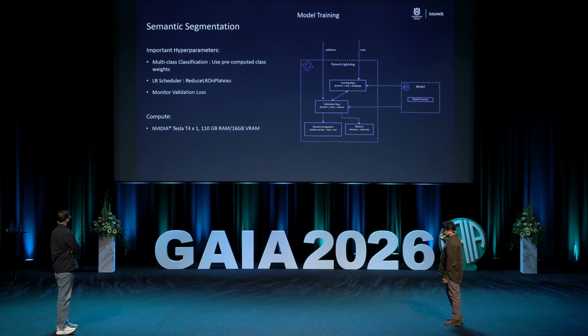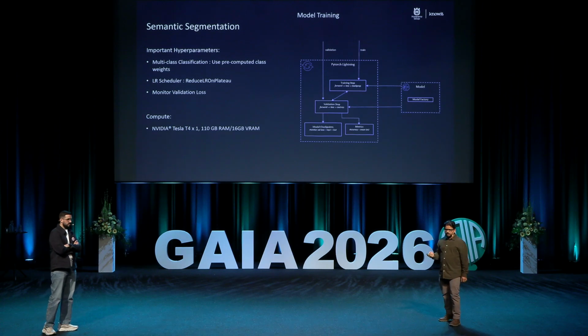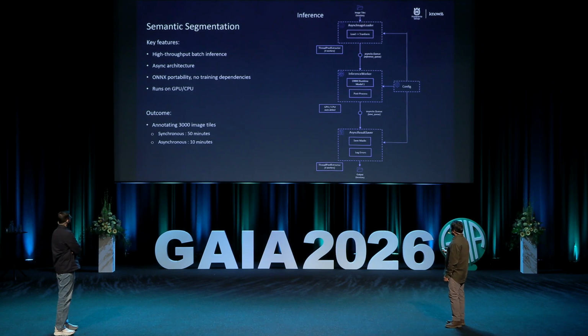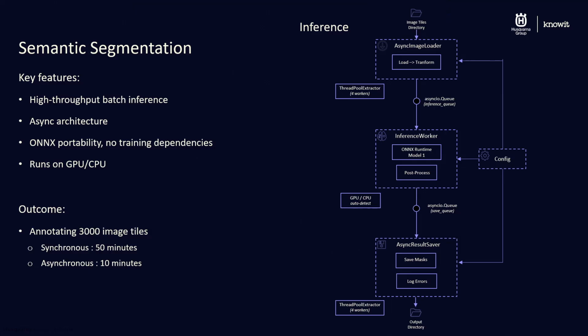And then to do such training, we also need compute. So we utilize this NVIDIA Tesla T4 compute. And once we have the model, we then port it to the ONNX format. It's highly portable, can be deployed on GPU or CPU infrastructure. And then we built an asynchronous inference pipeline using our trained model.